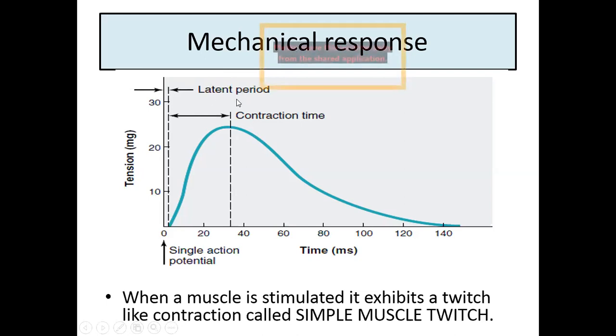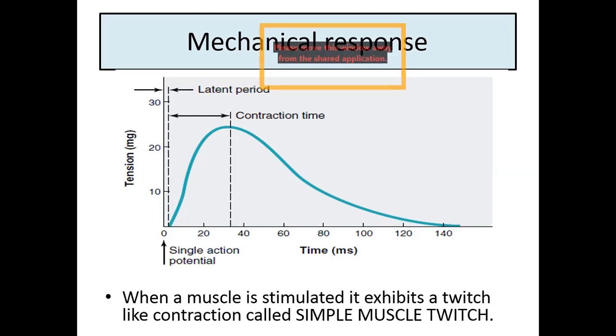The three periods you can see here: the first one is called the latent period, the second is called the contraction period, and the last is called the relaxation period. So whenever we apply a stimulus to the skeletal muscle, there will be a latent period followed by a contraction period, and then a relaxation period. This curve is called the simple muscle curve.